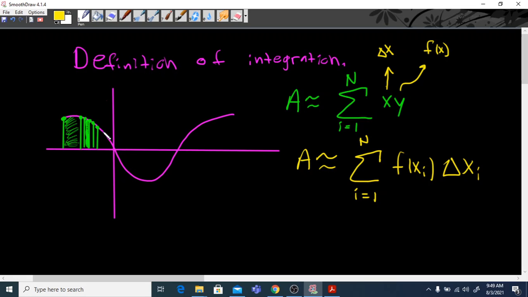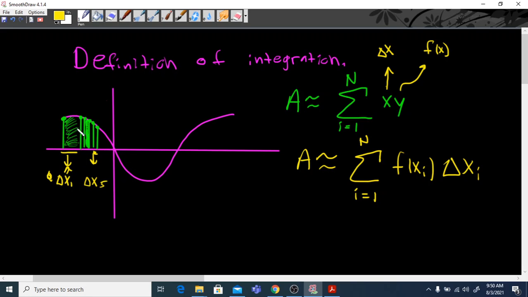For example, if we look over here, the width of this rectangle is less than the width of this rectangle. So this would be delta x sub 1, and this one would be something like delta x sub 5.